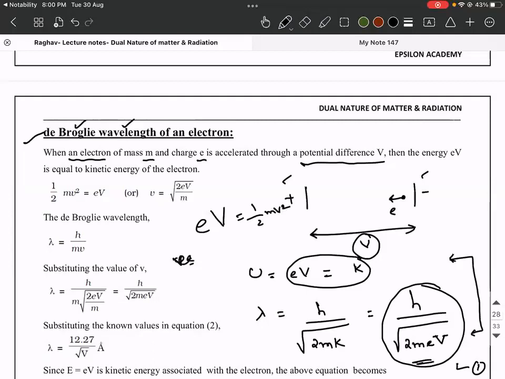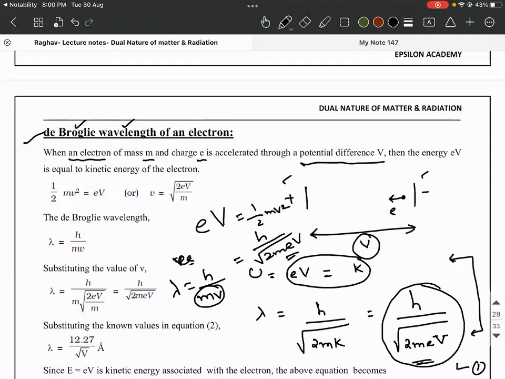Or I can make it even more simple. Since kinetic energy is eV, we know that lambda is equal to h divided by mv, so h divided by root of 2m into eV, where e is the charge of the electron and V is the potential difference across which the electron is made to travel.